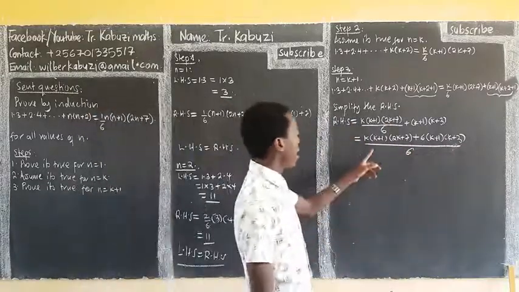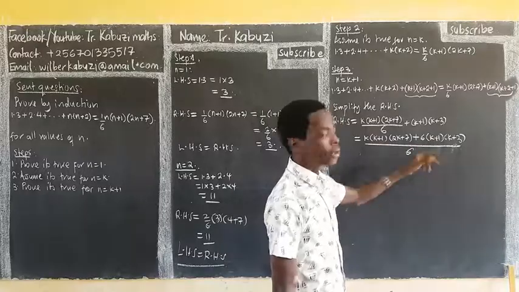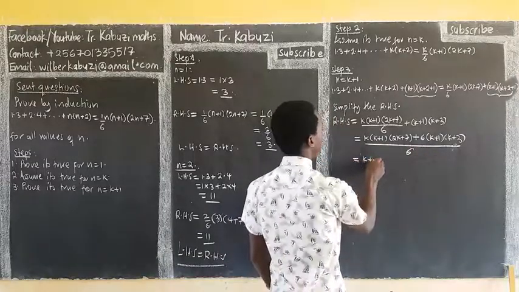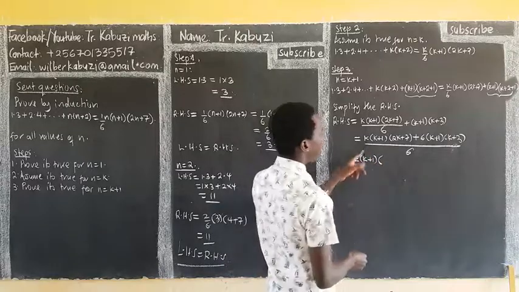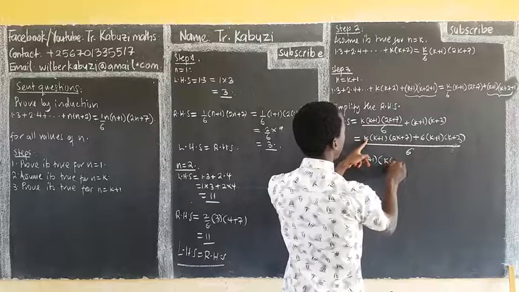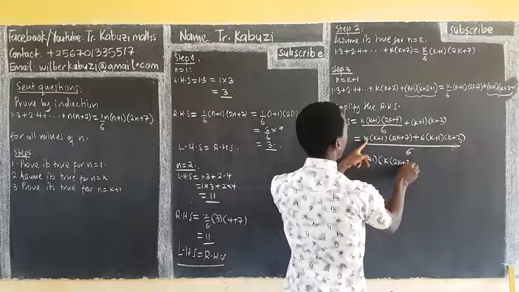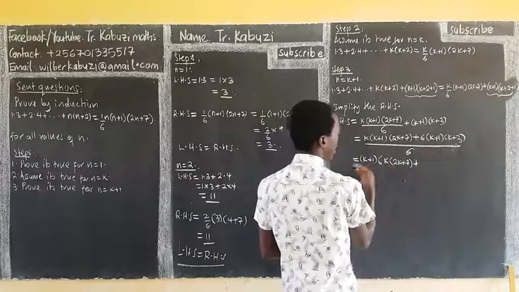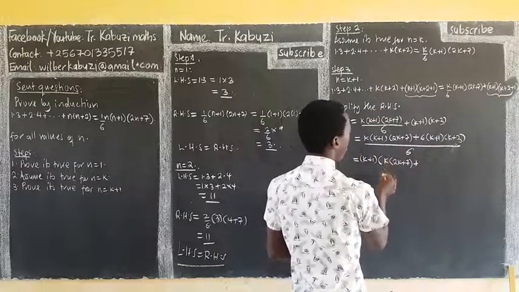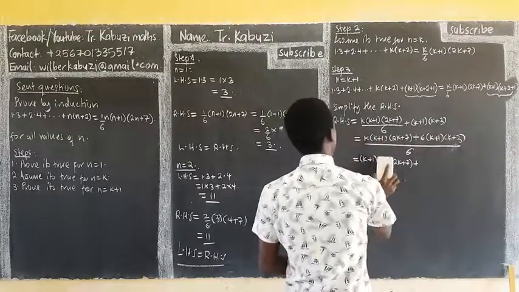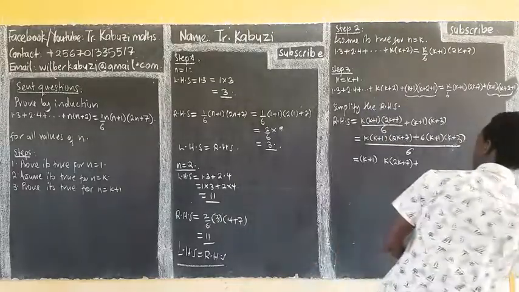Now you see from here, this k + 1 is common, so if I factorize it out, we are going to read it as k into (2k + 7), then plus what is common, we remove this out. So these are our big brackets. Let me create big brackets here so you can differentiate them.